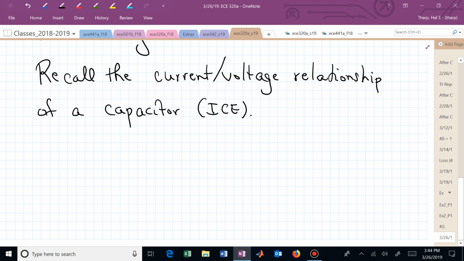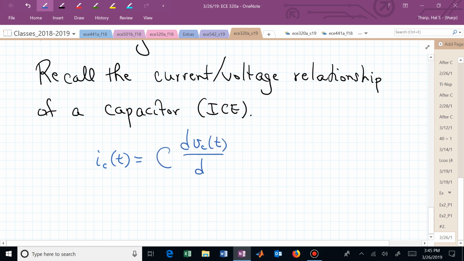And that is, the current associated with the capacitor, I sub C of t, is C dV sub C of t dt. And I hope it's not a stretch to realize that that's in the time domain.